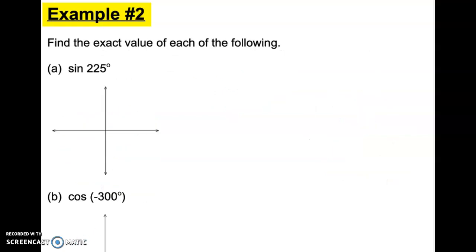The next example asks us to find the exact value of these three trig ratios. The first thing we have to do is draw in where 225 degrees is. That is in our third quadrant, so it sits between 180 and 270 degrees, right here.